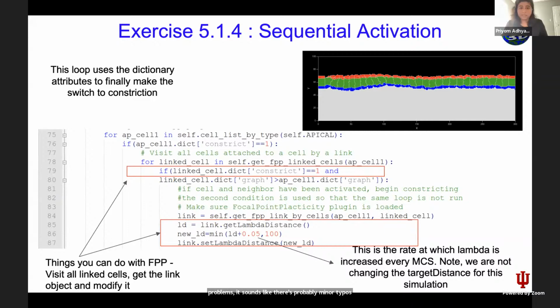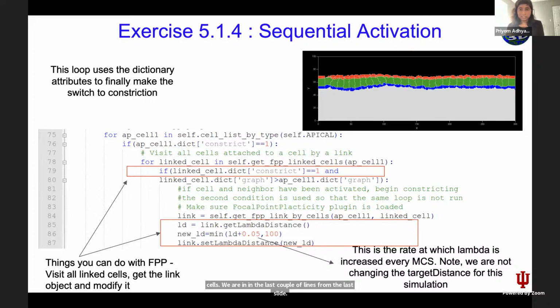Okay, thanks so much, Hayden. So yeah, in the interest of time, let's just go ahead and move on with the rest of the exercise. So I'll just recap what we were talking about. The idea is still that we want to sequentially activate all of these cells. We are in the last couple of lines from the last slide, where we were trying to activate cells at specific times.